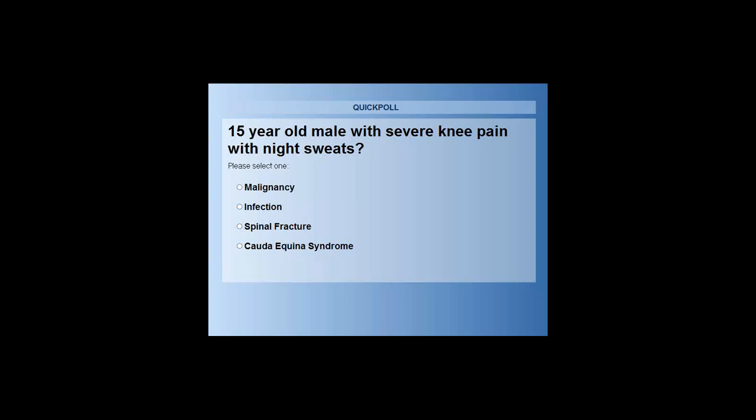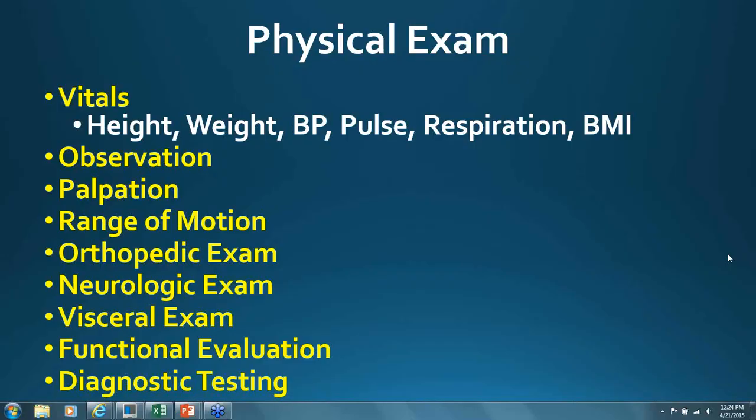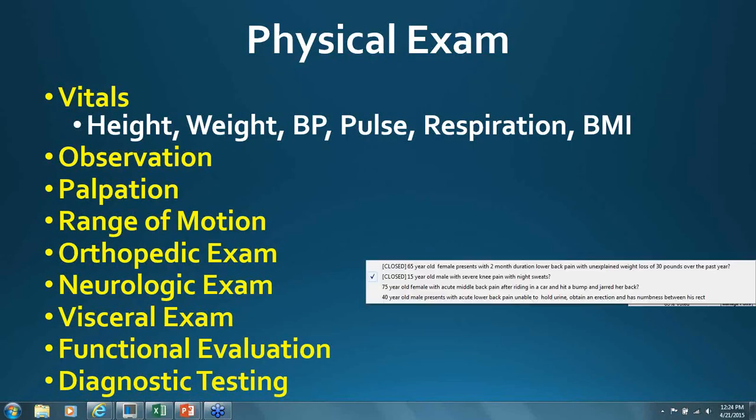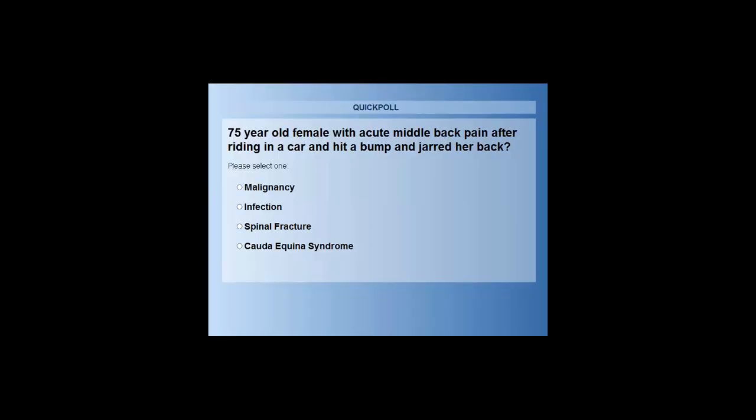Okay, we had a more confident group that time. 100% said infection. Okay, the next question is a 75-year-old female with acute middle back pain after riding a car and hit a bump and jarred her back. Okay, what are you thinking?